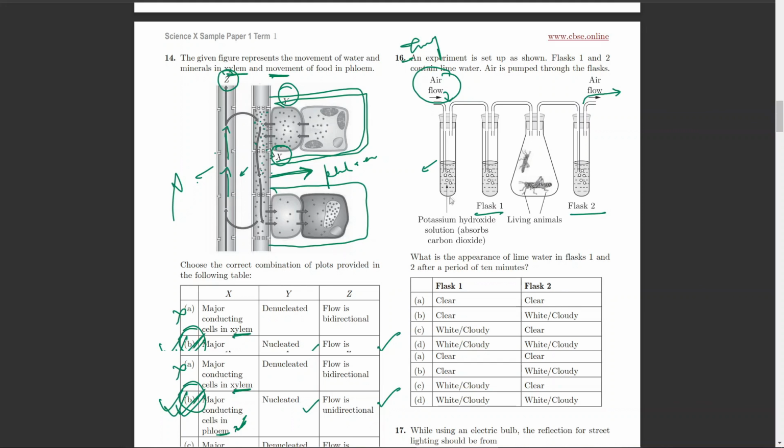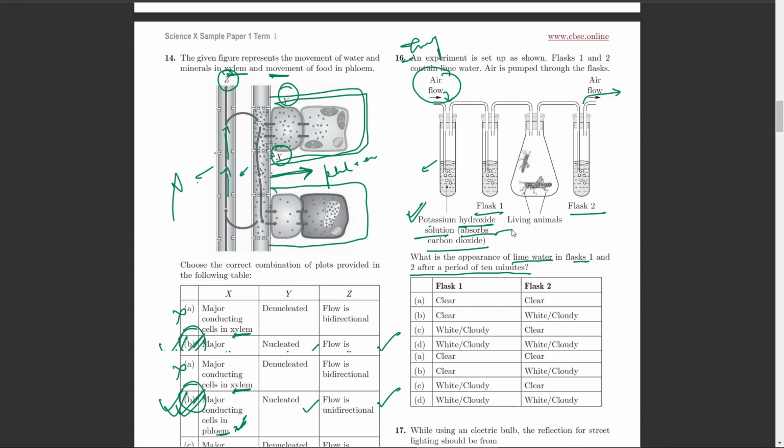Right? So in the first test tube, the potassium hydroxide solution is added, of course, and it absorbs carbon dioxide gas. Now you have to select the correct option. What is the appearance of lime water in the flask 1 and flask 2 after the period of 10 minutes? So you already know when you will blow the air, then what will happen? There will be a reaction between carbon dioxide and potassium hydroxide, of course, right?